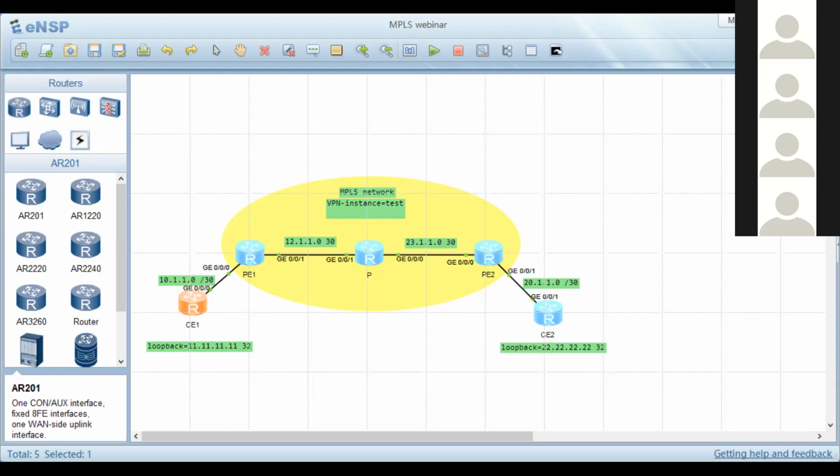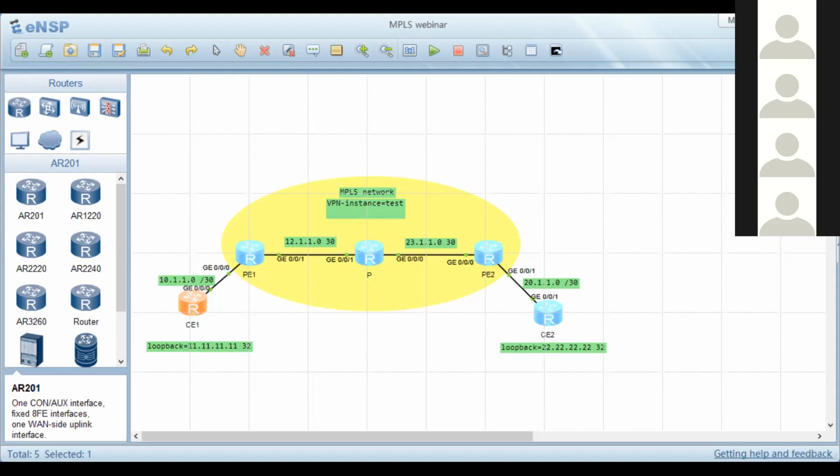My question is regarding the P router. To establish this configuration between PE1 and PE2, on the backbone side of the network, do we configure any BGP here?